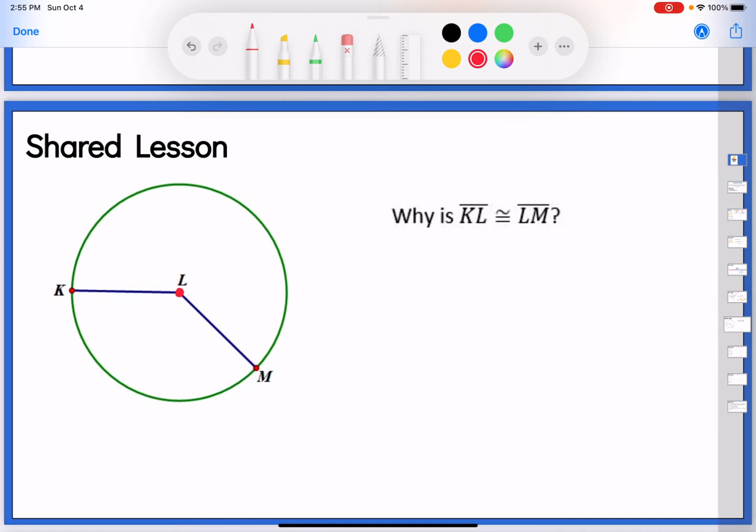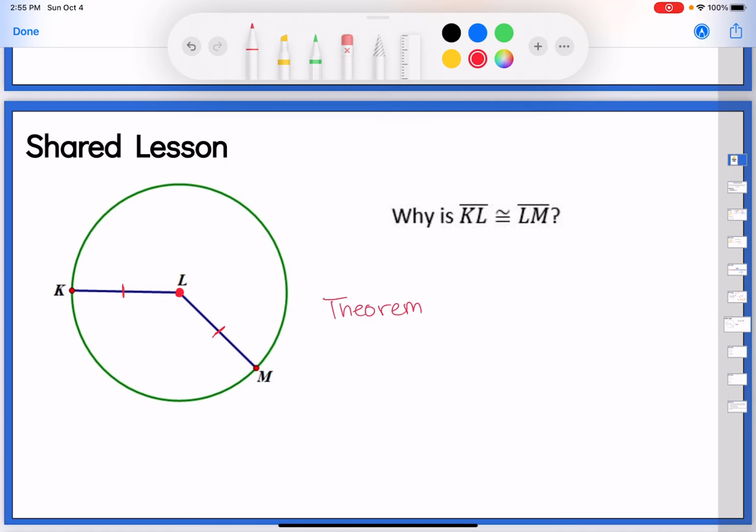That's kind of the definition of a circle, where the distance from a single point is the same in any direction. So the question is, well, why would we say that segment KL is congruent to segment LM? Well, the reason is because if they're both radii of the same circle, then they have to be congruent. And that's a new theorem for us.